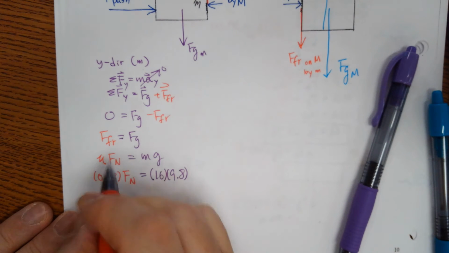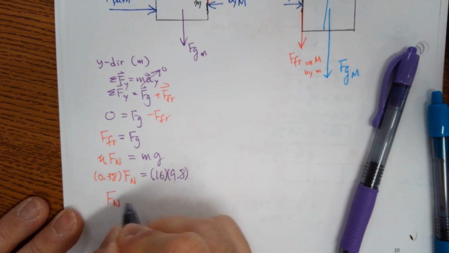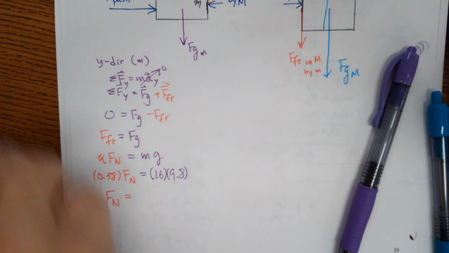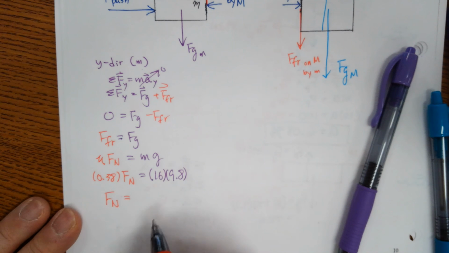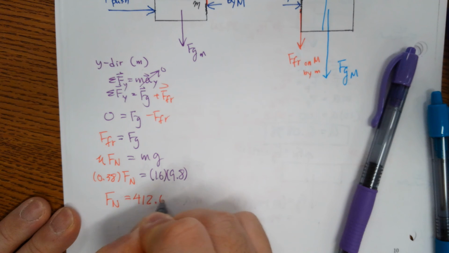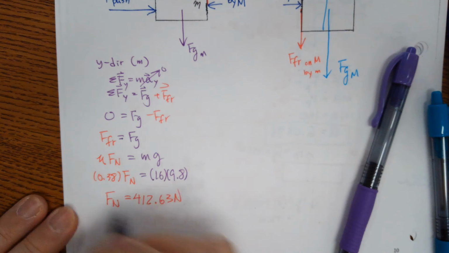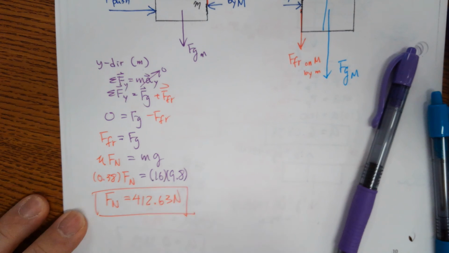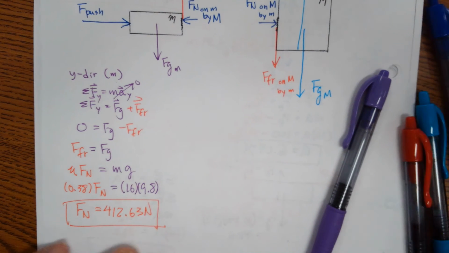So what is my F normal? My F normal is, then, I guess it comes out to 412.63 newtons.